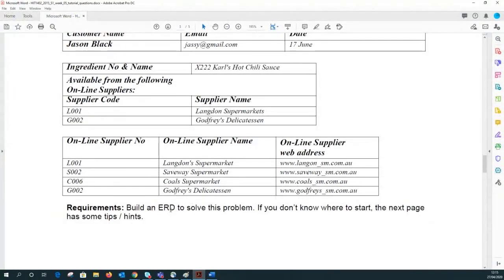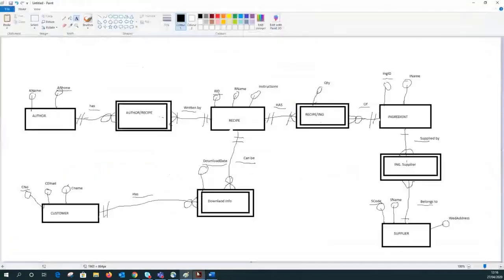Right. So they ask us to build an ERD diagram to solve this problem. If you don't know where to start, the next page. Yeah. Right. So I believe that this is the final version for that particular problem. So how many strong entities? So 1, 2, 3, 4, 5 strong entities with 4 weak entities, right?